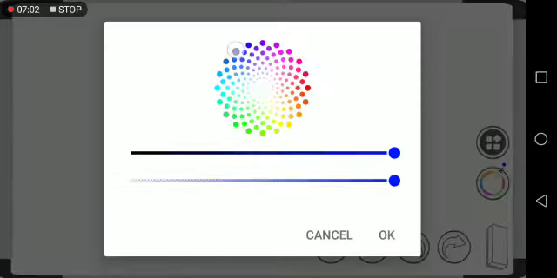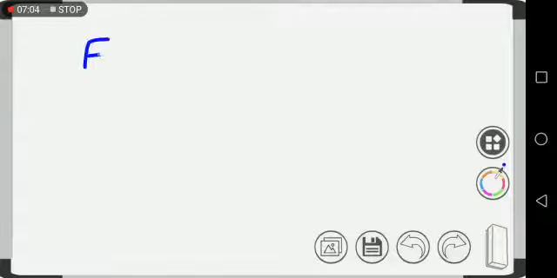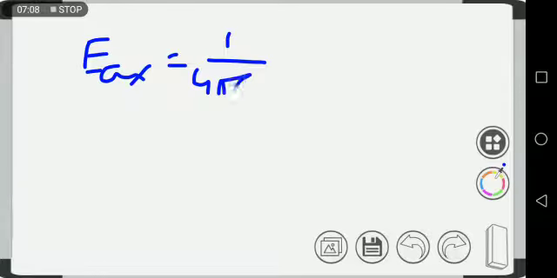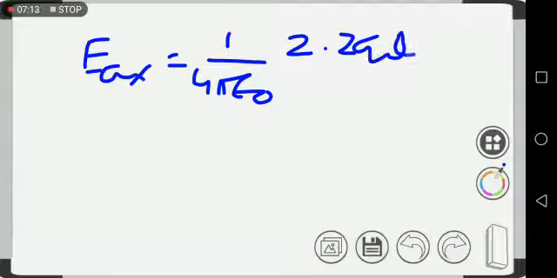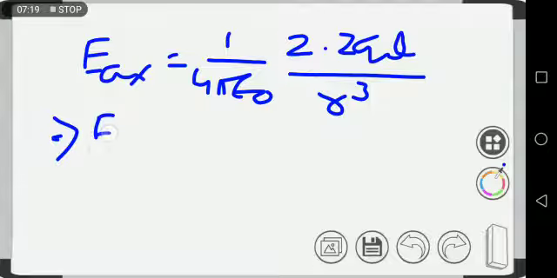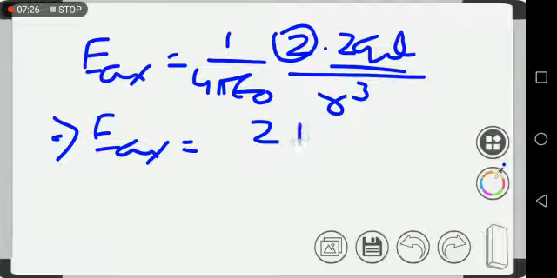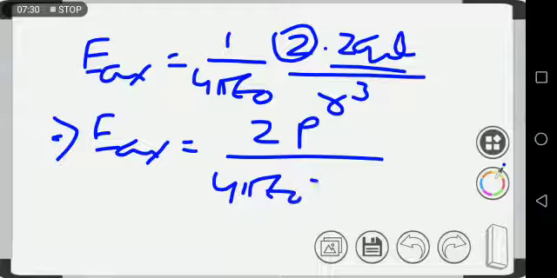Sorry, this will become E axial is equal to 1 by 4 pi epsilon naught. Remember, we had 2 into 2ql and r was cancelled out, and there was r cube under that. So now this becomes E axial is equal to, here we have 2ql, which stands for p, divided by 4 pi epsilon naught r cube.